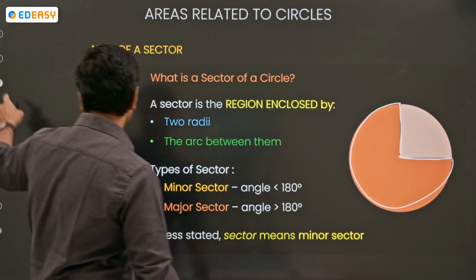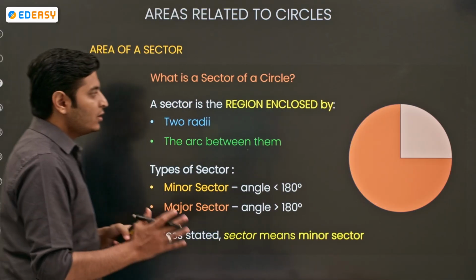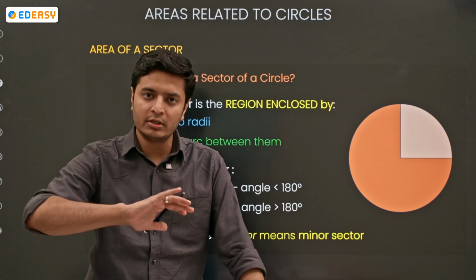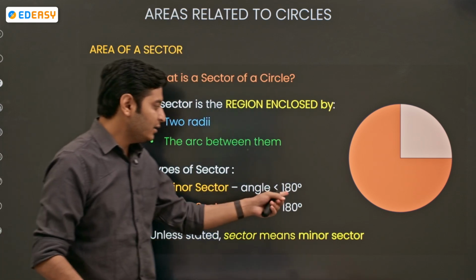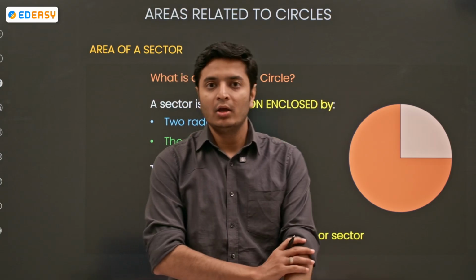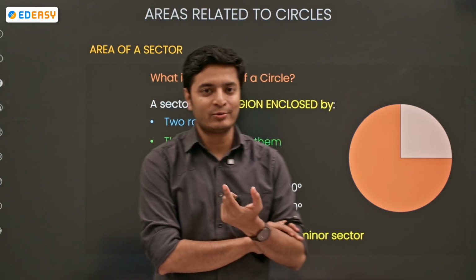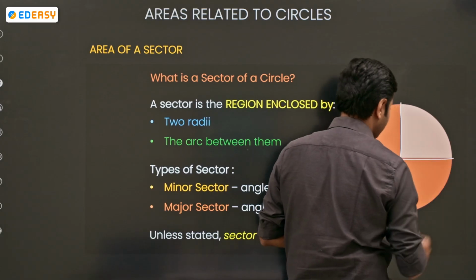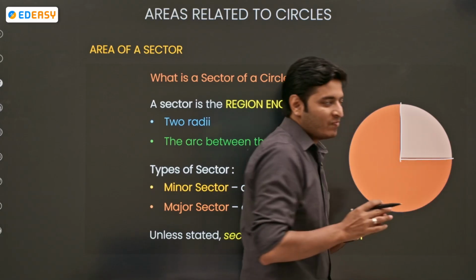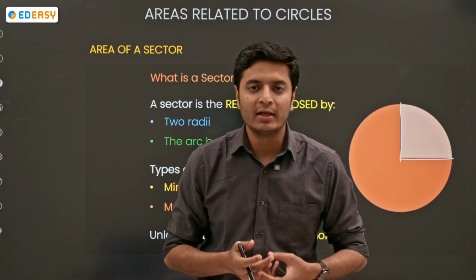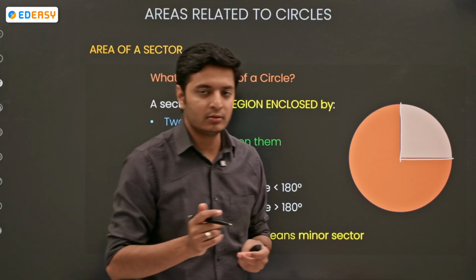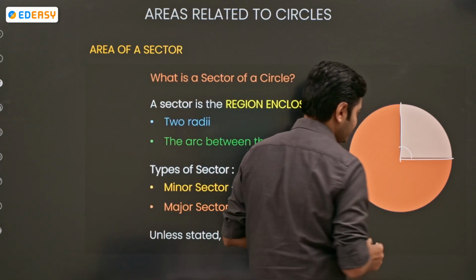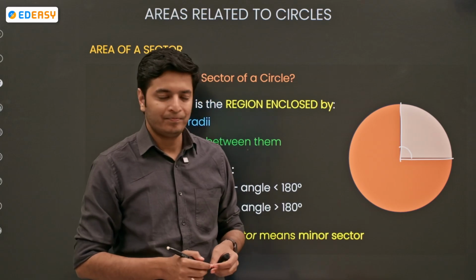Now, a minor sector means smaller in area, and it always has an angle lesser than 180 degrees. Now, how does the angle come into the picture? Look at these two radii. They look like the arms of one angle. Now, in between them, there must be some angle, correct?